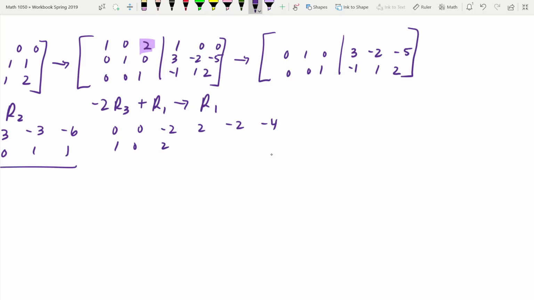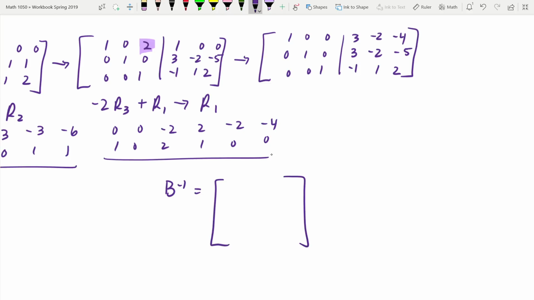Write row 1 underneath it. Add those together and you get 1, 0, 0, 3, -2, -4. Okay? Please don't highlight that and say you're done. You have to write it correctly. So you say my inverse is, and then you write down the right-hand side.